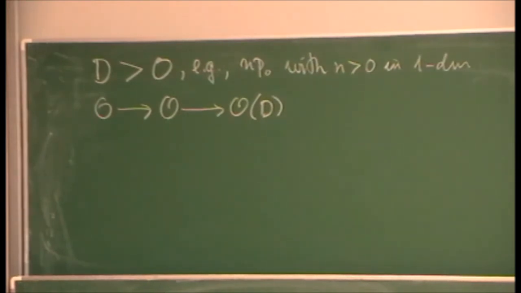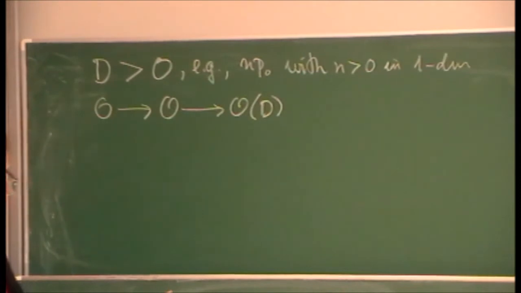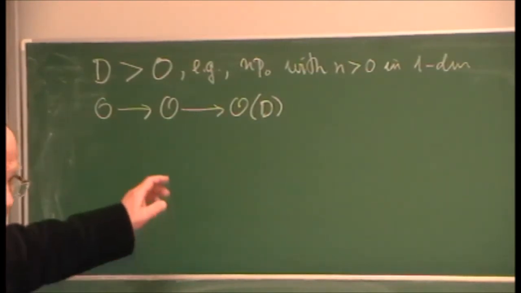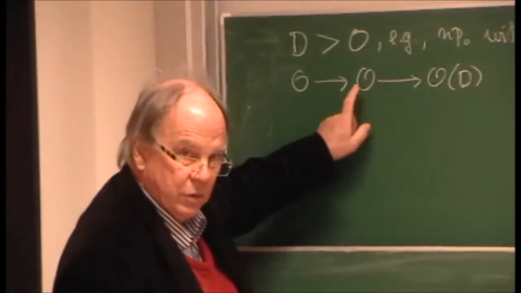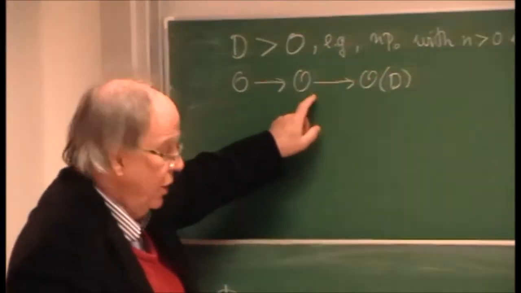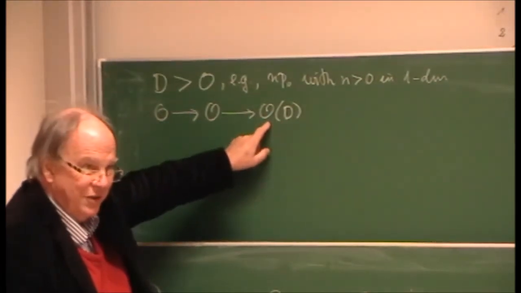Okay, here we go. This is all now starting into a cohomological formalism where we can really do something. This is the sheaf of germs of holomorphic functions. This is the sheaf of germs of meromorphic functions.